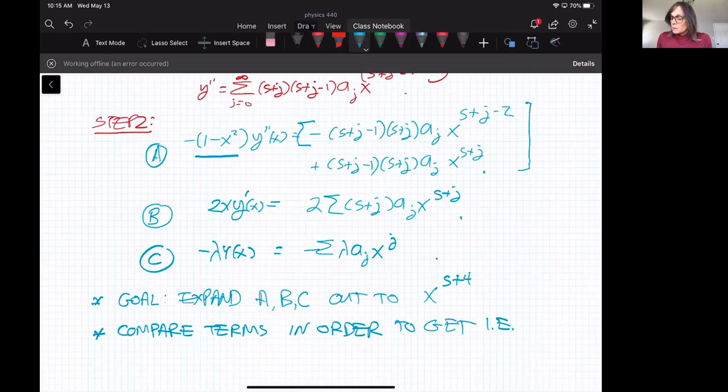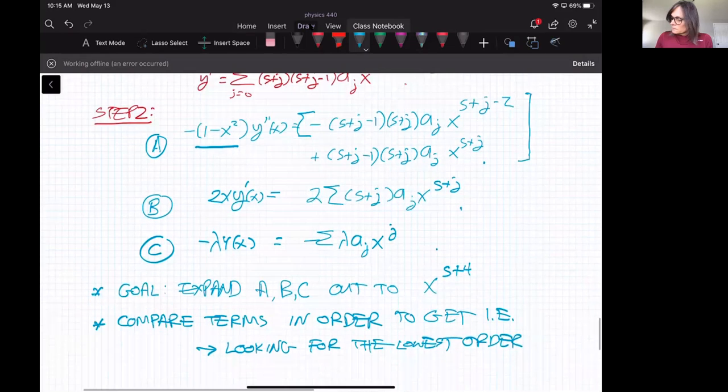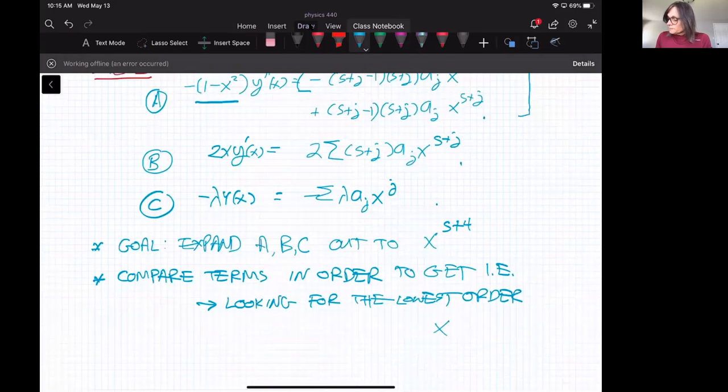And you get the indicial equation by looking for the lowest order of x raised to a power, right? So if you look at that, you'll be able to see, assuming as we usually do that a sub 0 is not equal to 0, that'll give you your equation for s. Okay? Everybody understand what they're supposed to be doing?